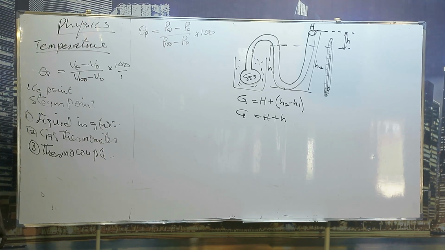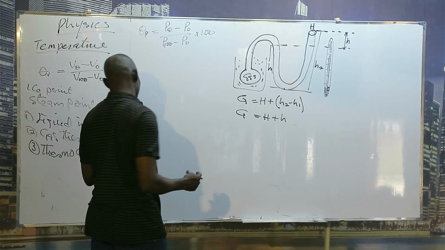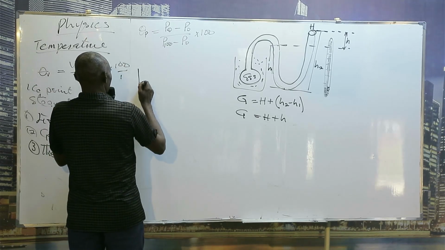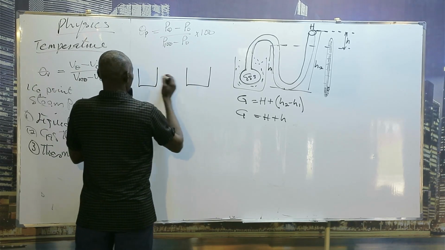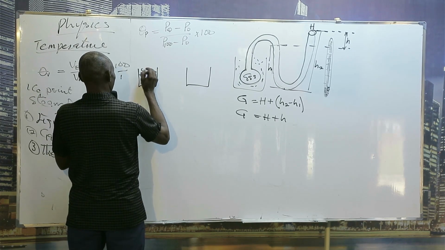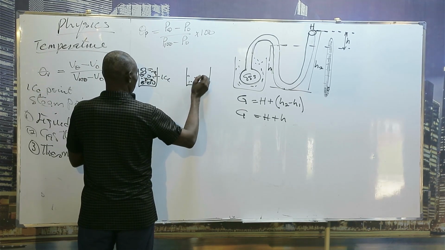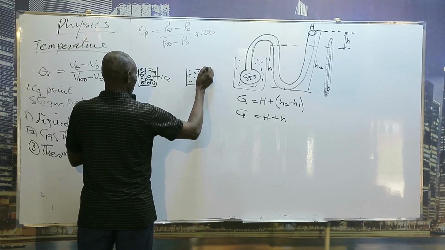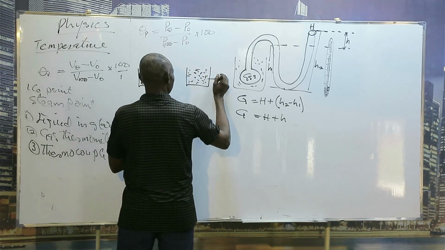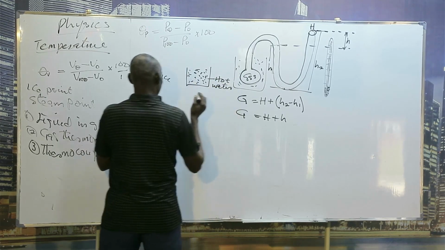Thermocouple. Okay, let me use this advantage to represent a thermocouple. We have ice here. We have boiling water here. Hot water.